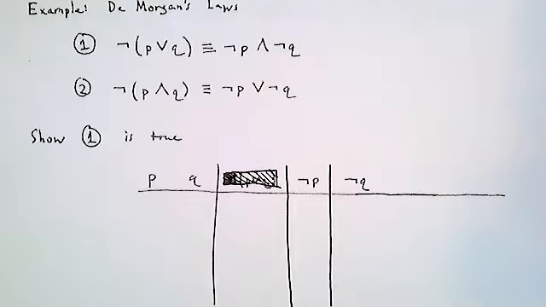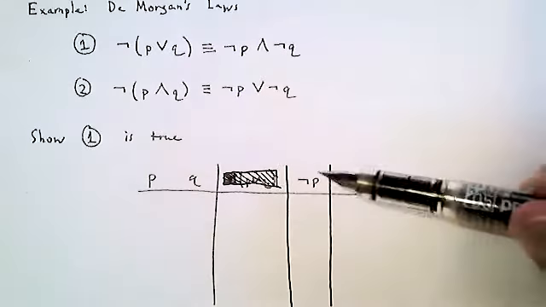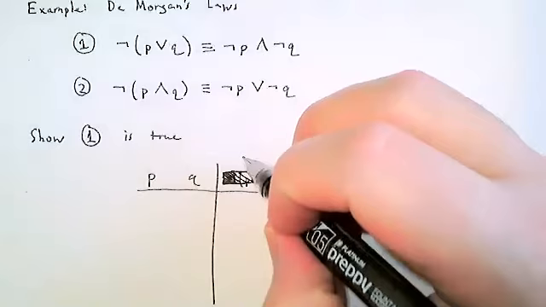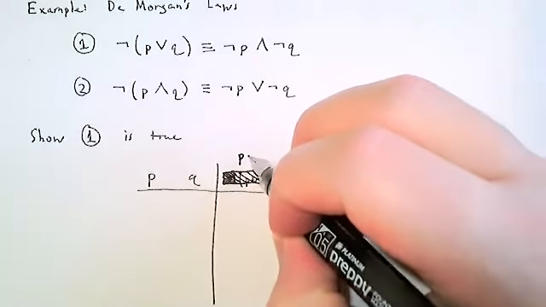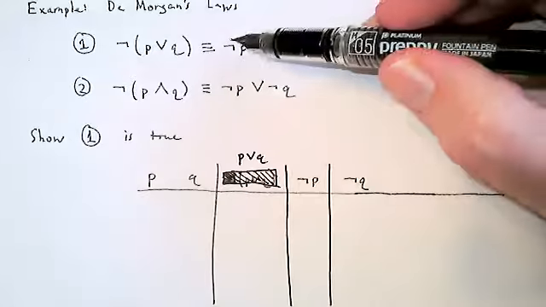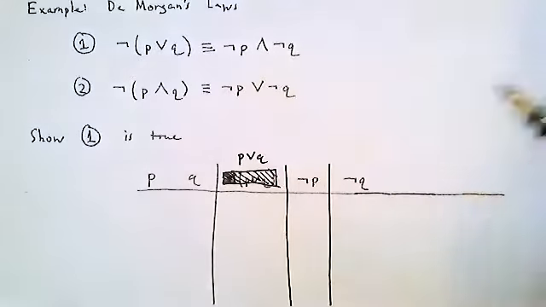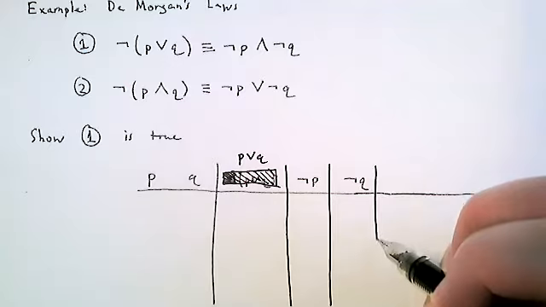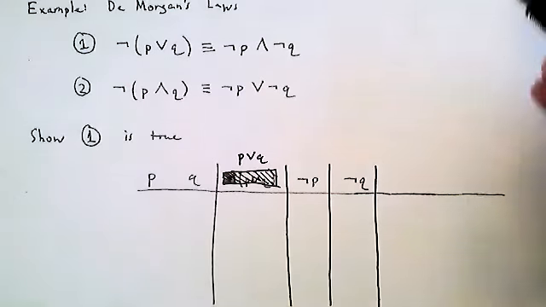So what I need is my simple statement inside of here, P or Q. And then I have my two simpler building blocks from the right side, just to illustrate what I'm doing here. I'm building my truth table from simple to more complicated.